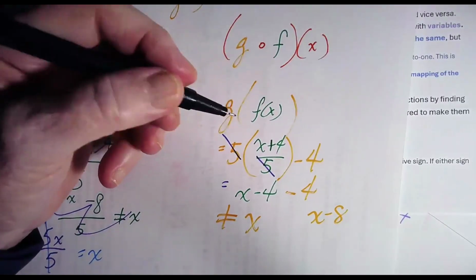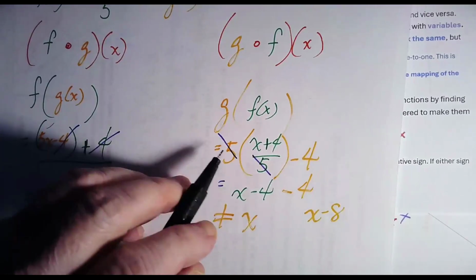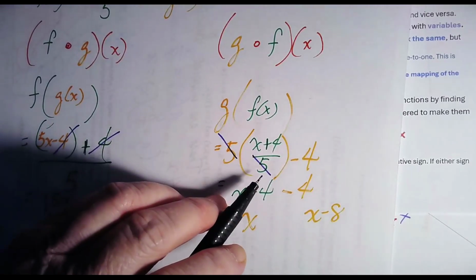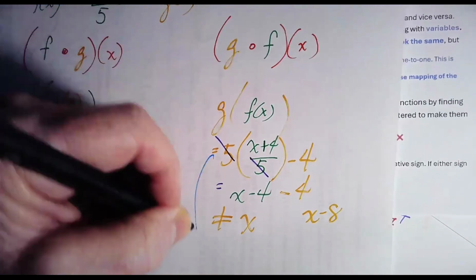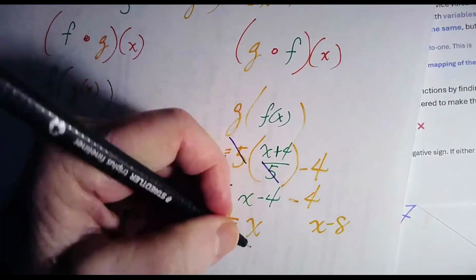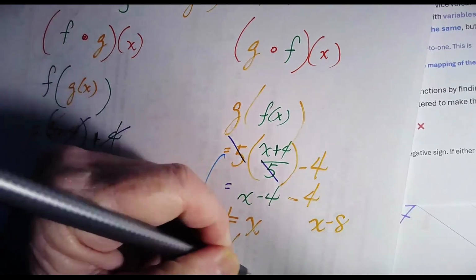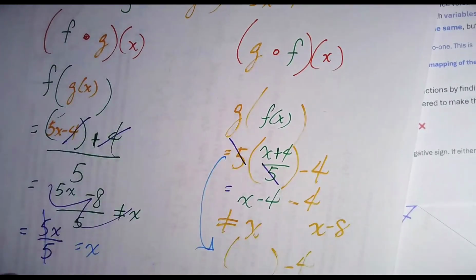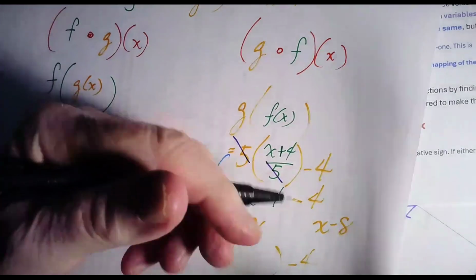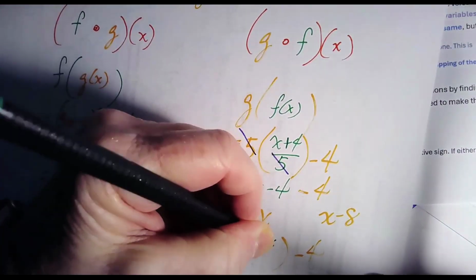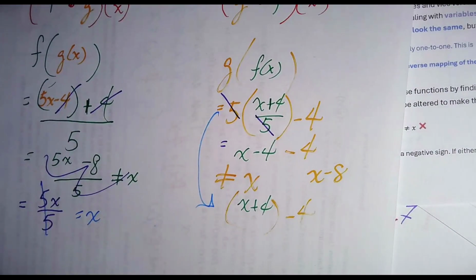What about over here? We already said that the 5s can go away. So we've got x plus 4 minus 4.